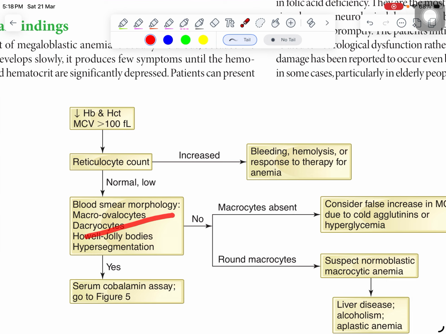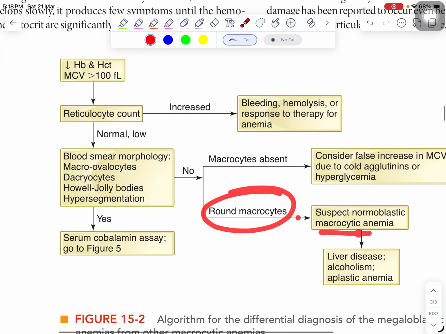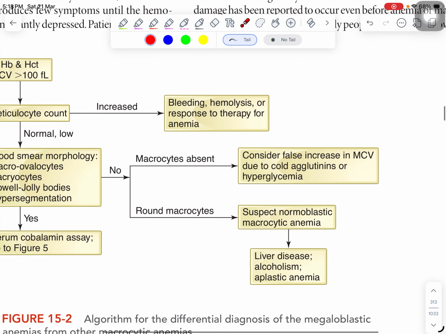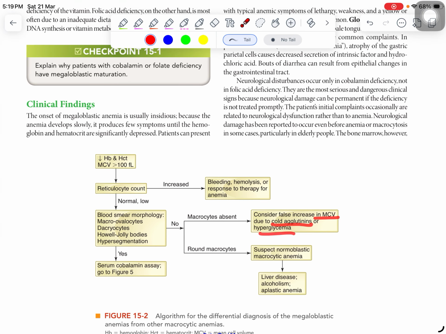If there are no such cells in the peripheral smear, then you have to look for round macrocytes. Suspect normoblastic macrocytic anemia; liver disease, alcoholism, and aplastic anemia are the causes of normoblastic macrocytic anemia. If macrocytes are not there, consider a false increase in the MCV due to cold agglutinin and hyperglycemia.